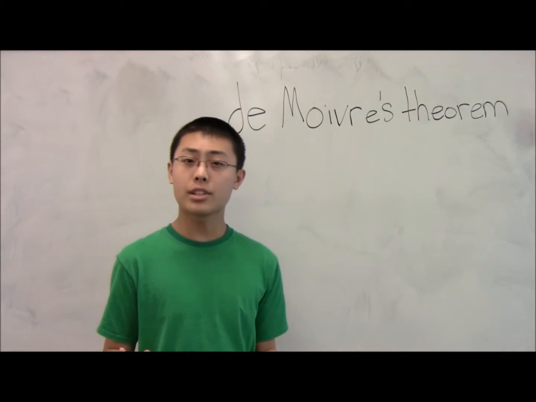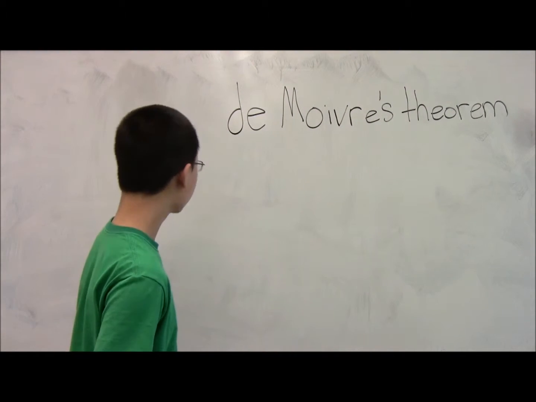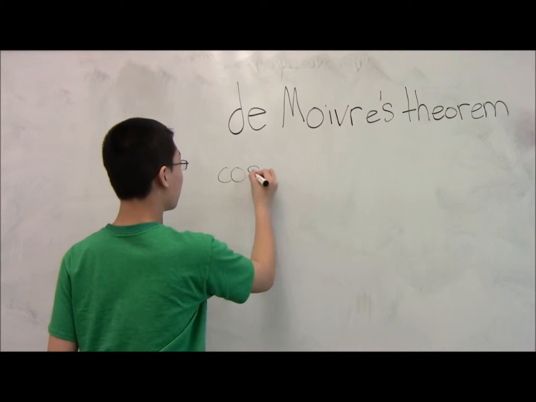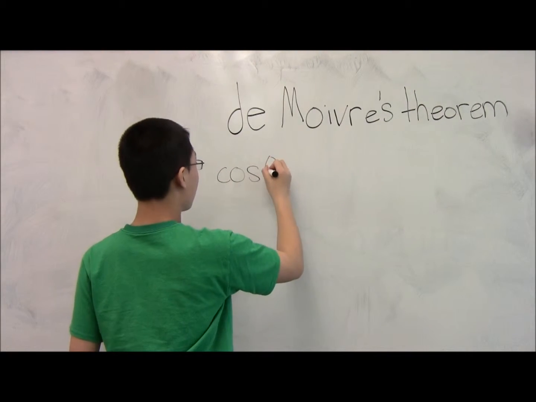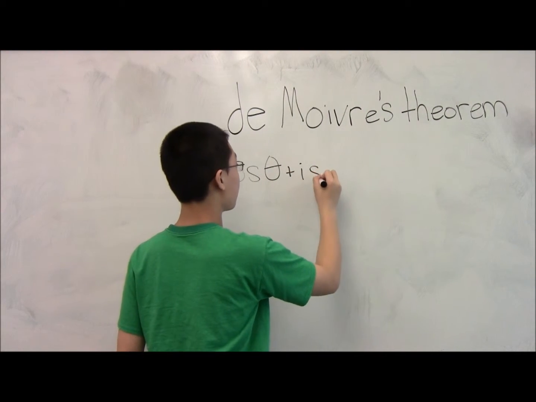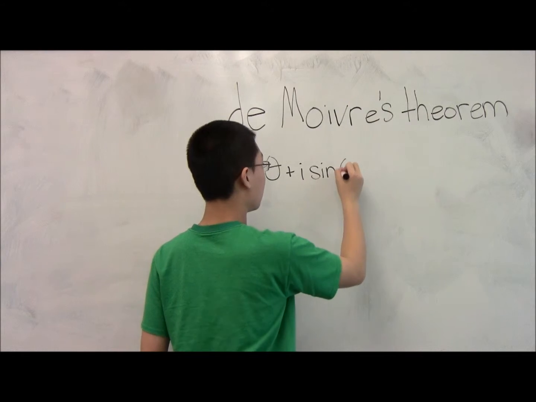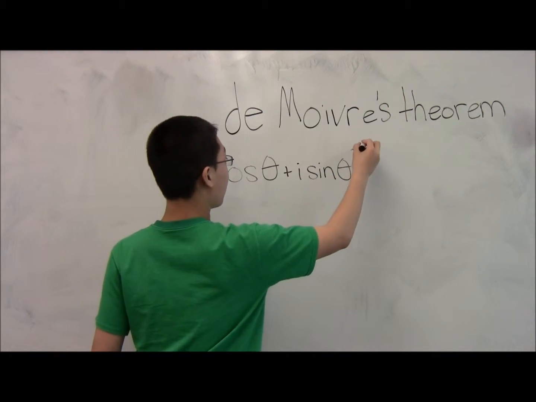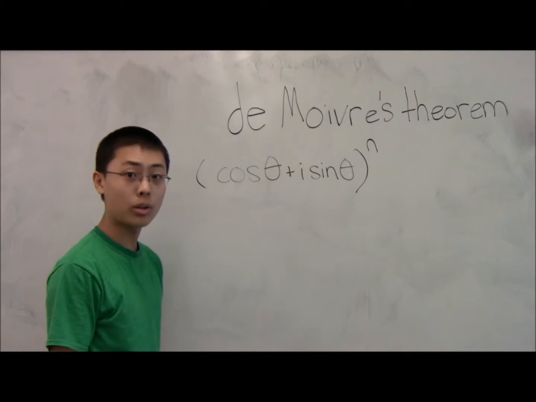So de Moivre's theorem essentially states this. You take the cosine of an angle theta, add that to i times the sine of theta. You take this whole quantity and you raise that to the nth power.